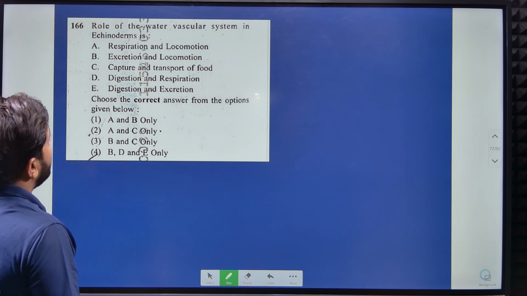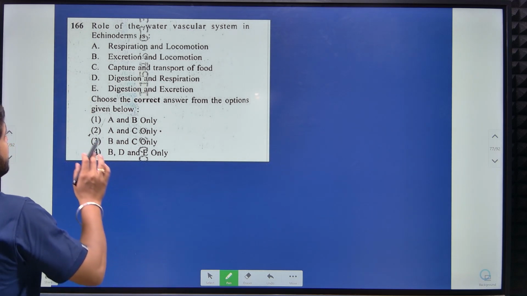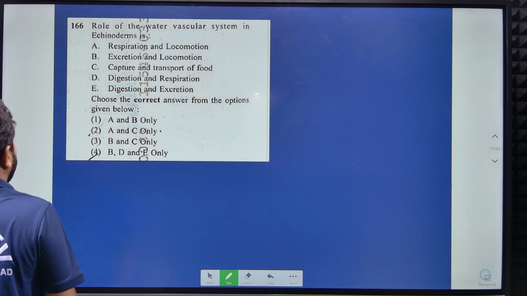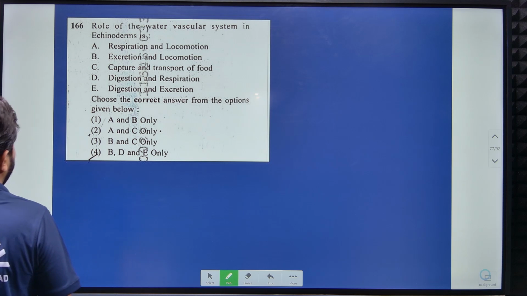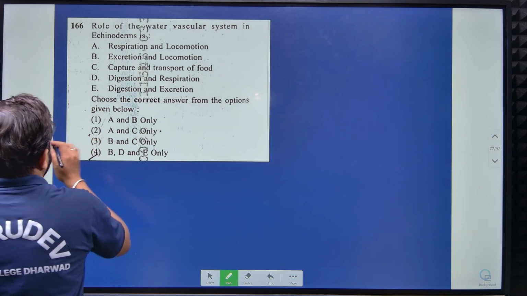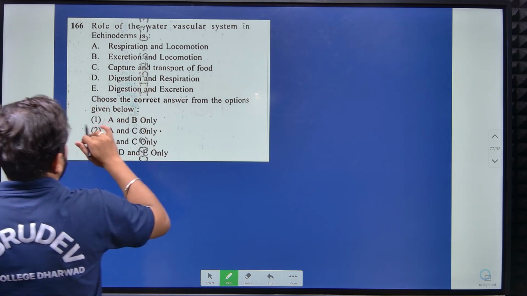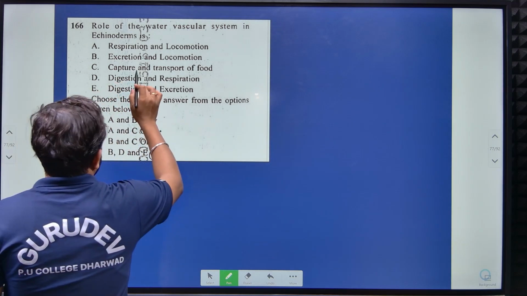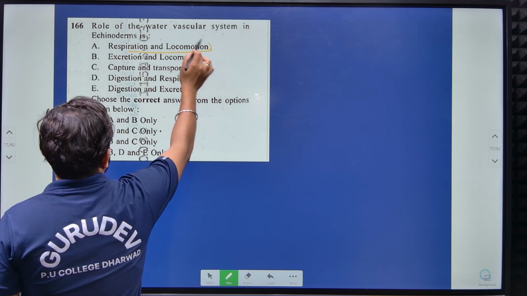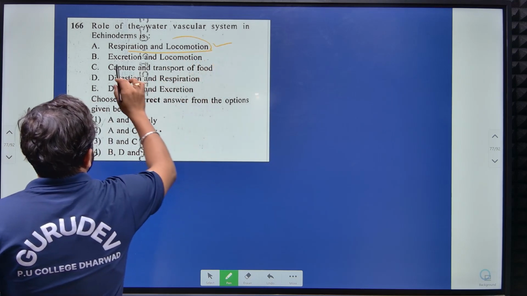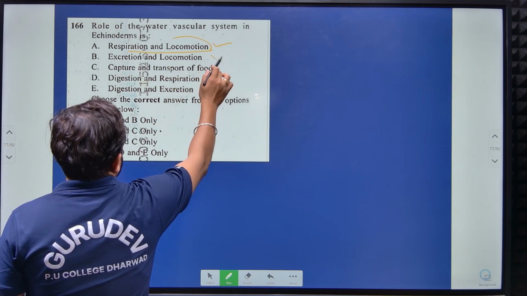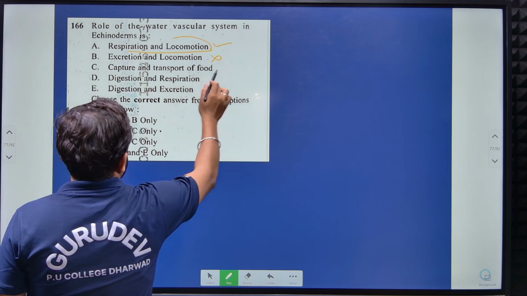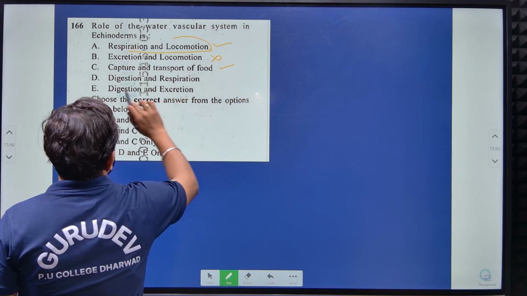Then the role of the water vascular system in echinoderms, right? What is actually the role of the water vascular system? Respiration and locomotion, yes, that can be seen. Excretion and locomotion, no. Capture and transfer of food, that can also be seen.